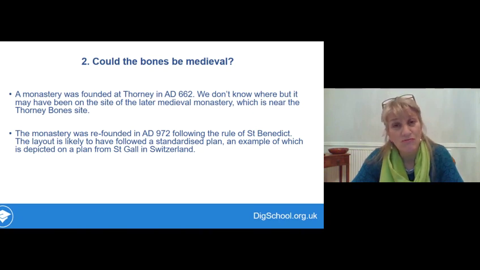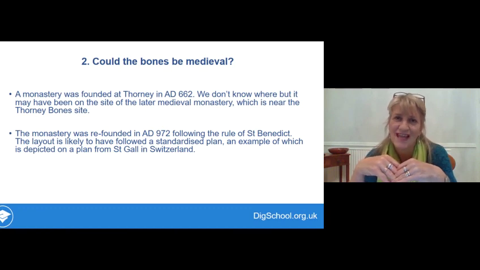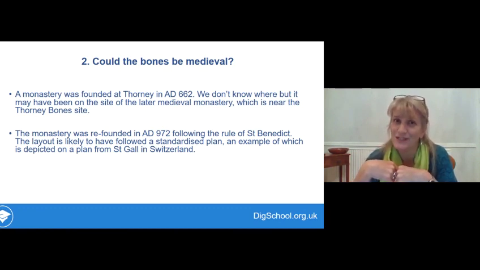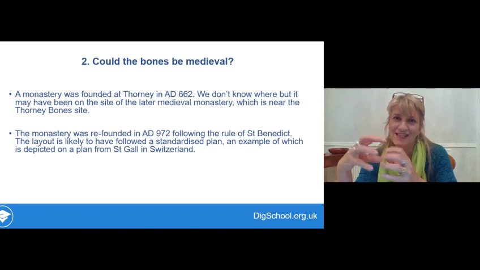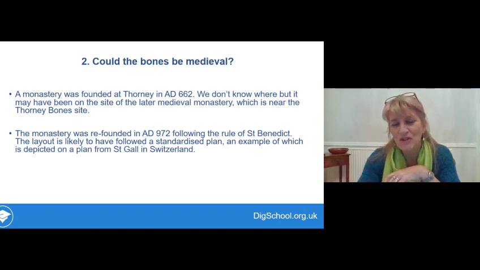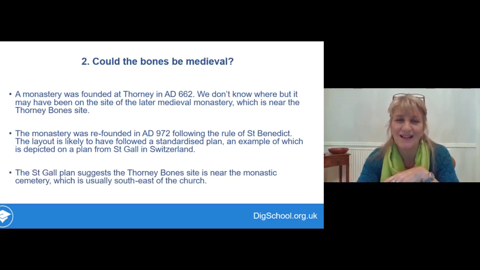When the monastery was refounded in AD 972, it followed the rule of St. Benedict, and the layout of the monastery is likely to have followed a standardised plan, because the ones we find nearly always do. And we actually have an example of a depiction of this standardised plan from a monastery at a place called St. Gall.